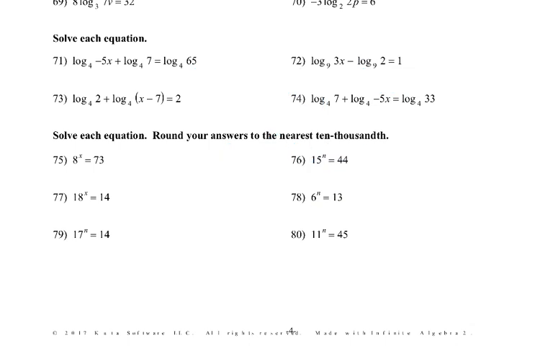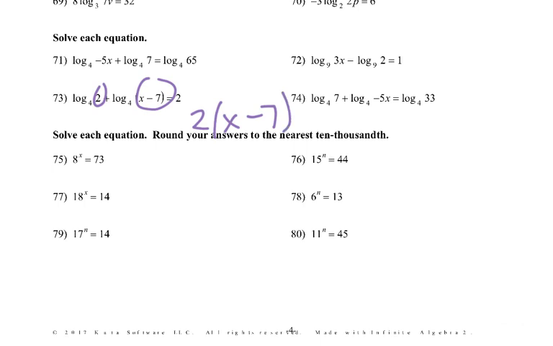Okay, let's look at 73 now. So we could approach this one various ways. Okay, I'd probably combine those, so I'd have 2 times x minus 7, which would be 2x minus 14 if I simplify. So log base 4 of 2x minus 14 equals 2.